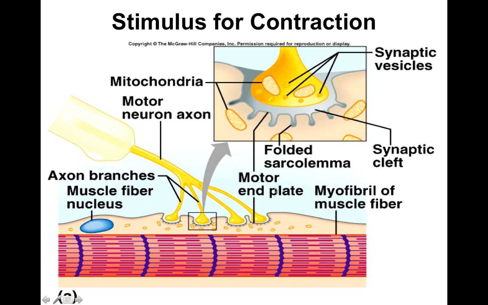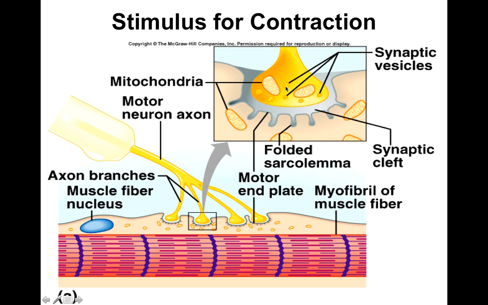Okay, so this part of the lecture is going to be about the stimulus for contraction and the actual contraction itself. So hopefully you've done a reading and remember that the contraction happens because of a motor neuron.